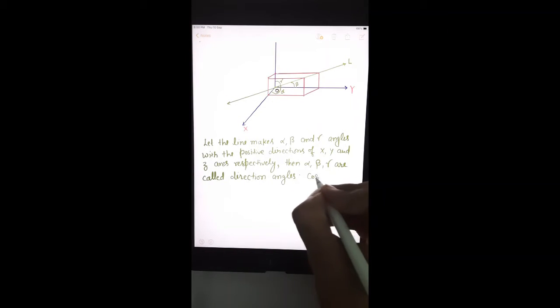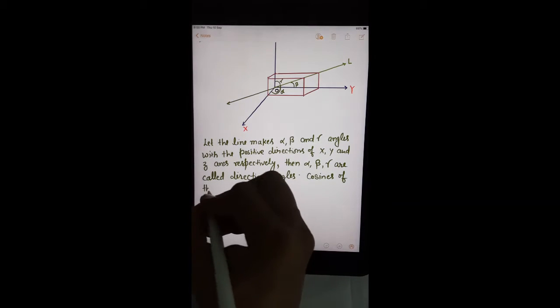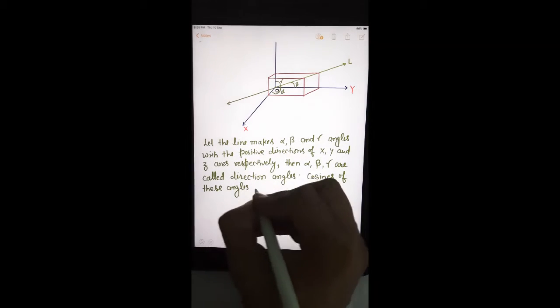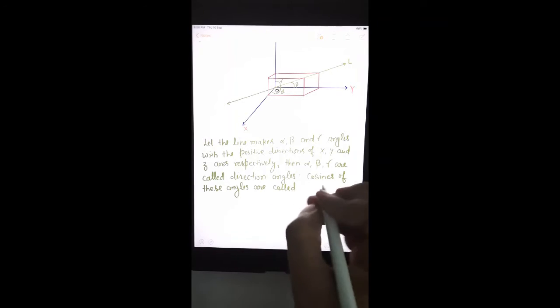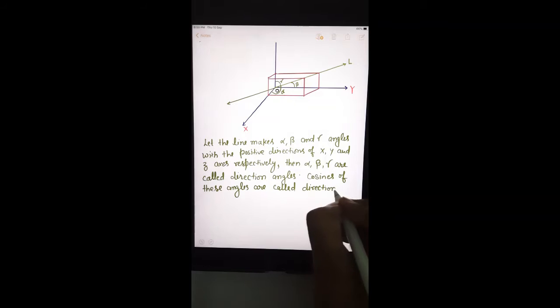Now cosines of these angles are called direction cosines.